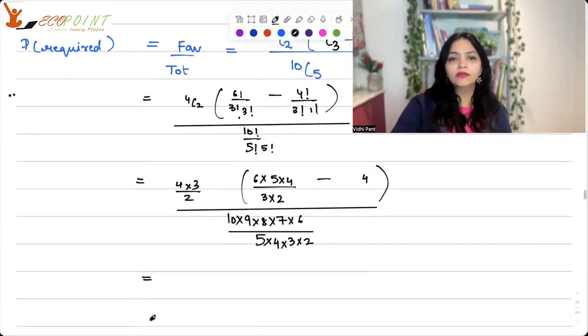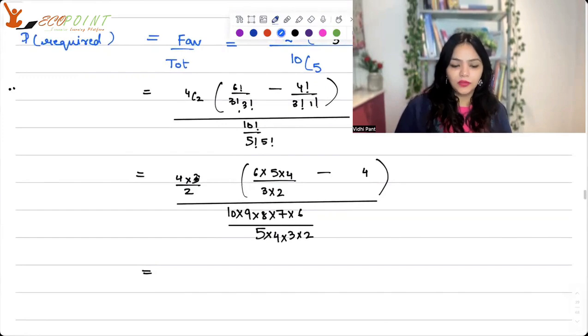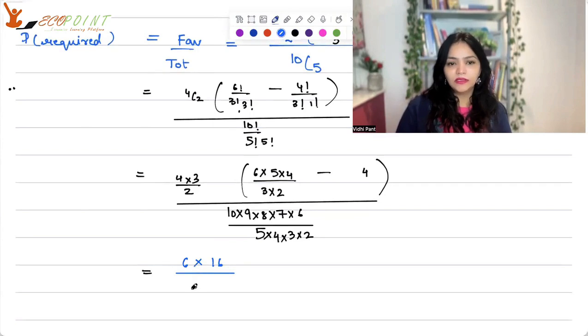Things cancel out. And what will you get? You will get from here 6 into 16, since 20 minus 4 is 16. And in the denominator, things cancel out and you get 9 into 7 into 4.